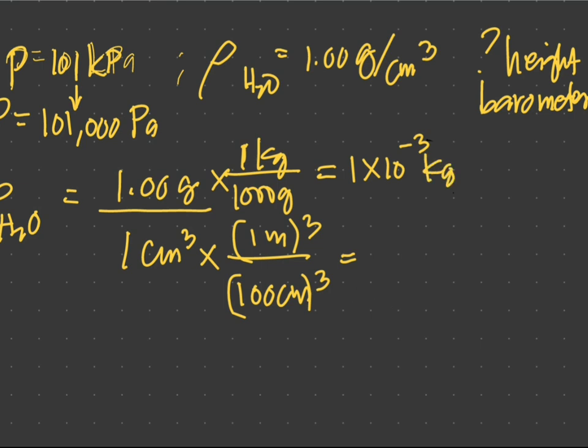And this one is 100 cubed, it's 1 million. So 1 gram divided by 1 million. Okay. So the density of water is just 1,000 kilograms per cubic meter.